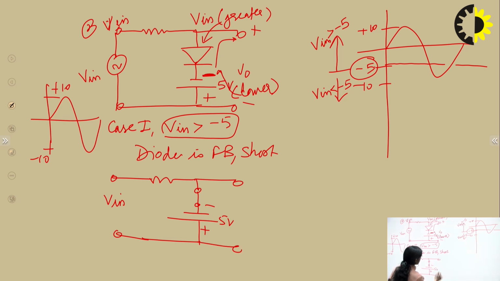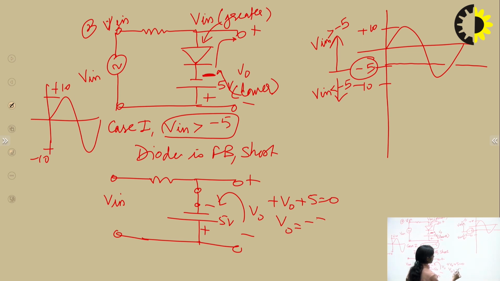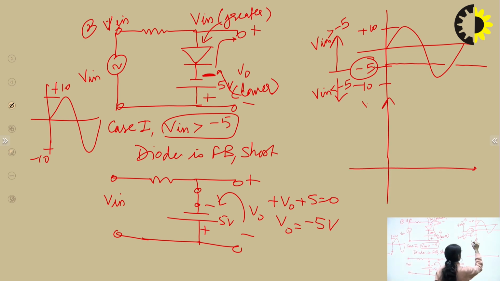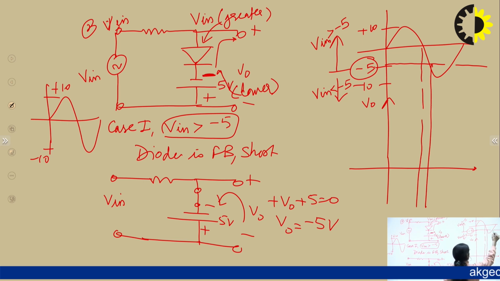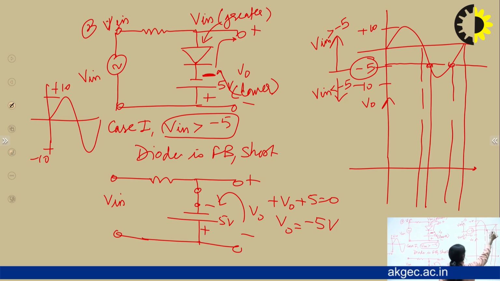So what is the output appearing here? Again we calculate from the KVL. So the output is plus V out plus 5 equals to 0. So V out is coming out to be minus 5 volt here at constant value. That means if we draw the projections at the output, for this portion we will get the output at minus 5 volt.